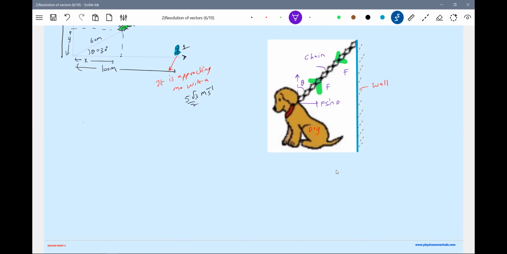What is the vertical force exerted by the chain on the dog? F cos theta. Sir, can you show those arrows once again? Okay, this is the arrow, a vector. A component of force, F sin theta, will be on the dog acting horizontally. And again, I'll break up. F cos theta is the force exerted by the chain on the dog that will be acting vertically here.